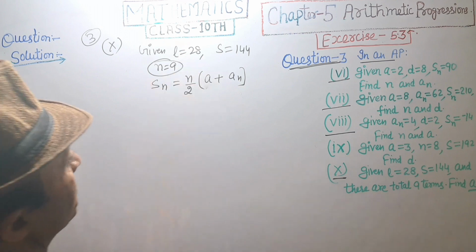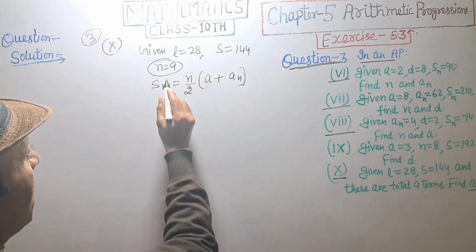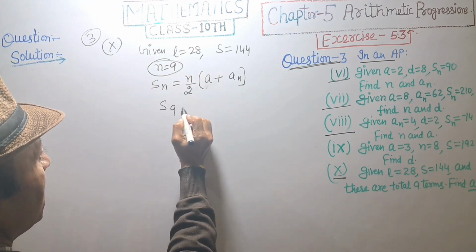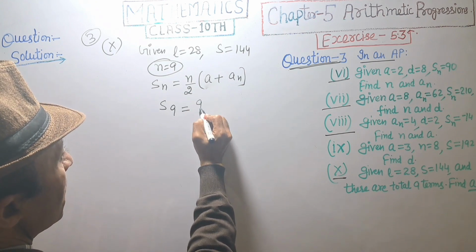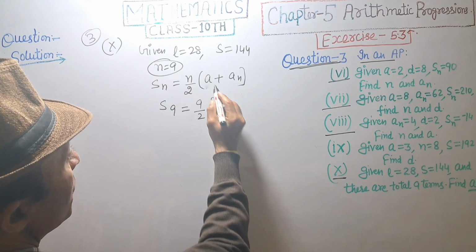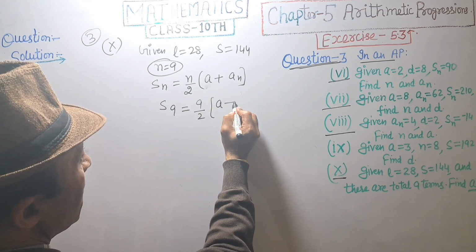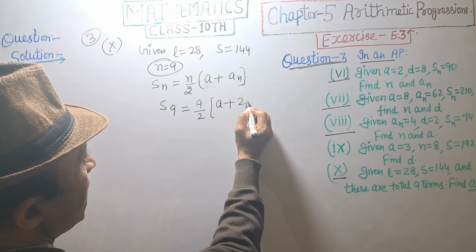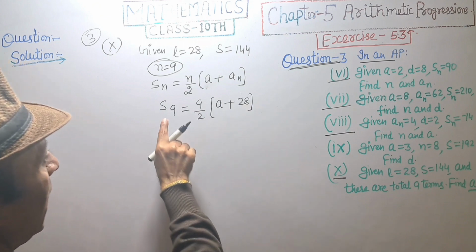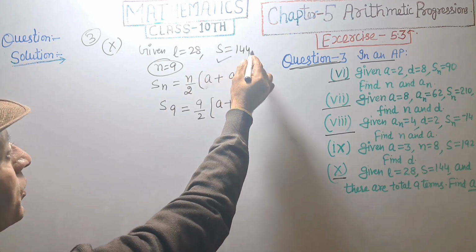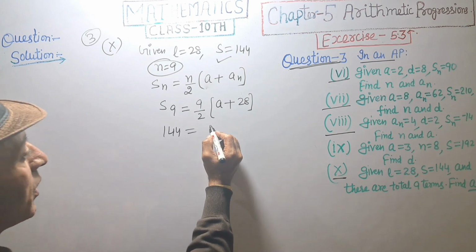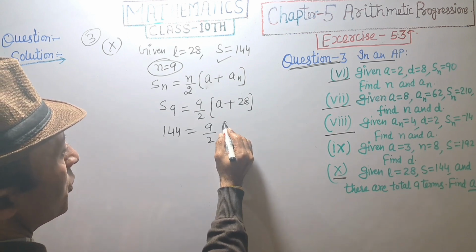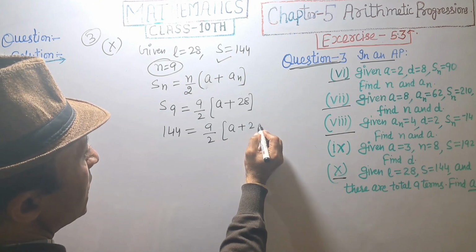An is the last term, and S9 is equal to 9 upon 2 into a plus an, which is 28, and S9 is 144. So 9 upon 2, a plus 28.